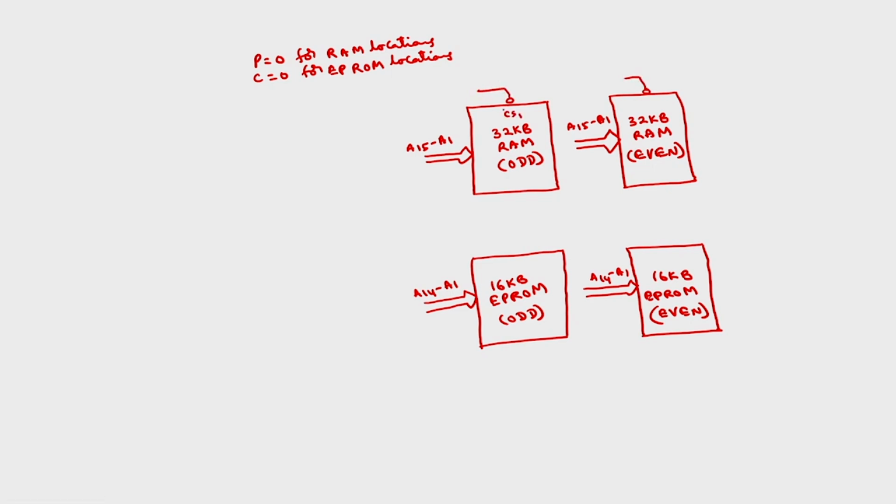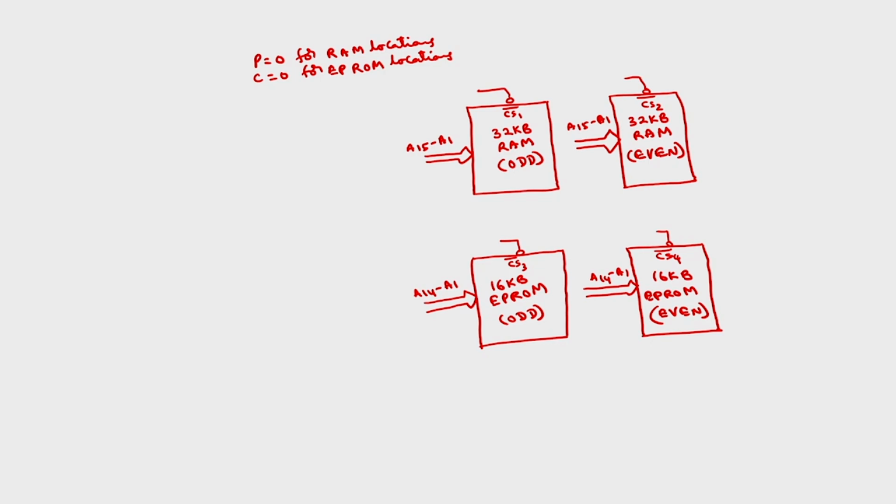Chip select 1 bar, chip select 2 bar, chip select 3 bar, chip select 4 bar. So now to select this EPROM, how to select this chip select 1 bar?